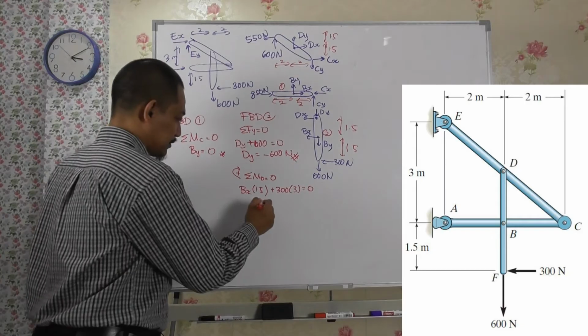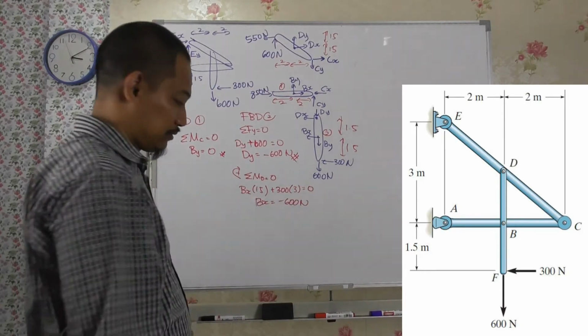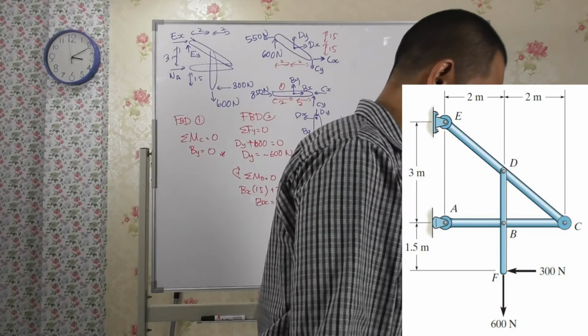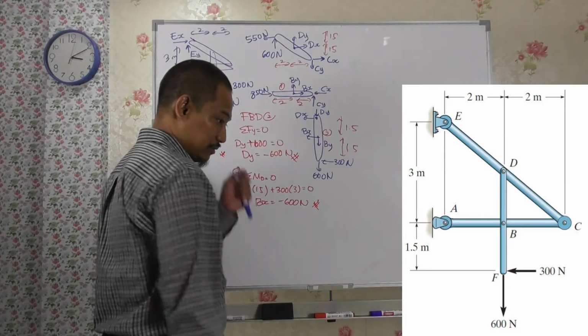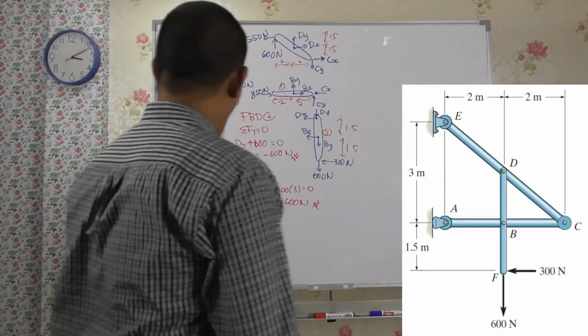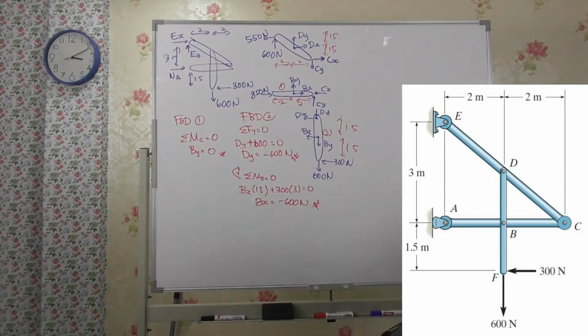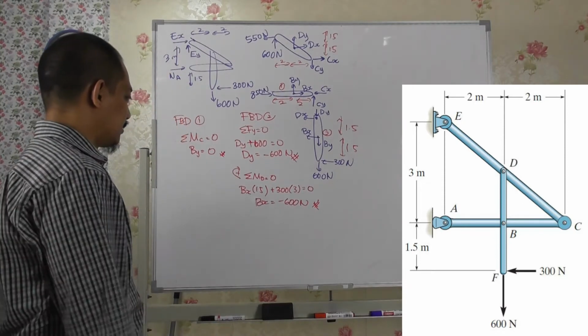So Bx is negative 600 Newton. That negative is just the opposite direction.